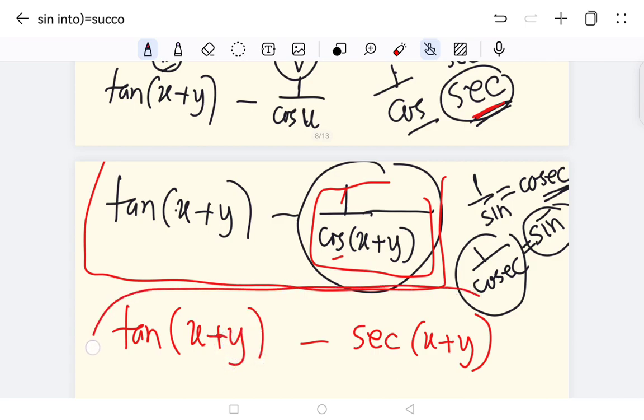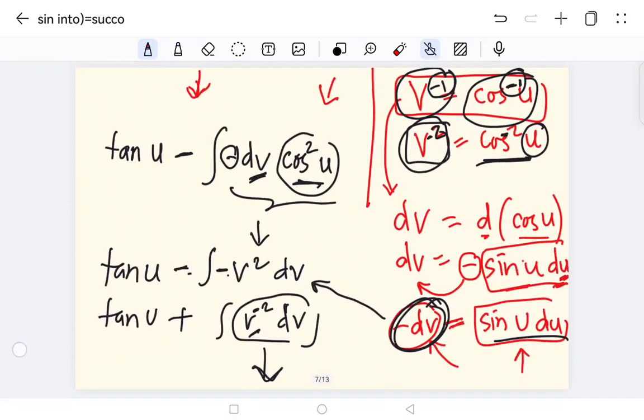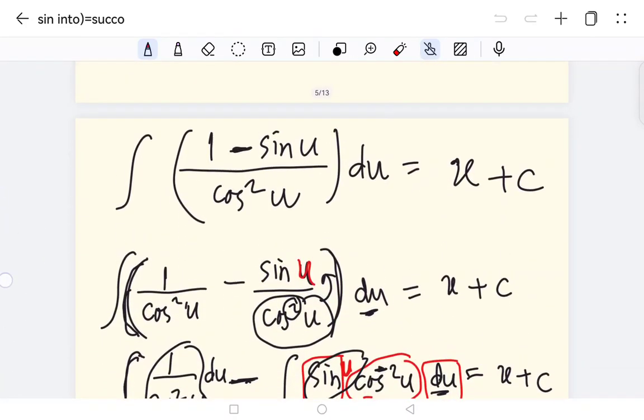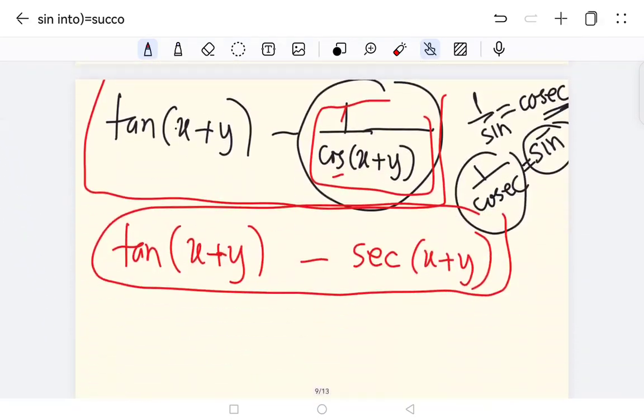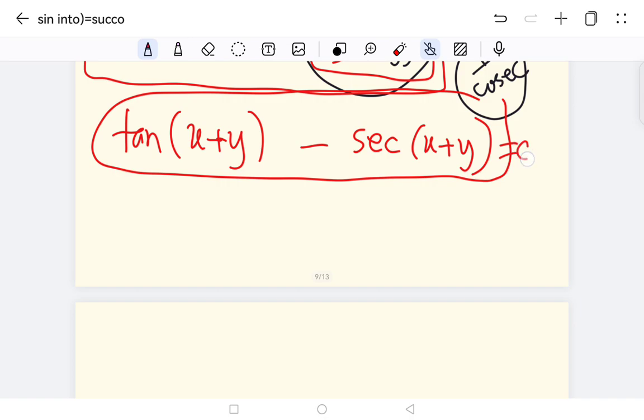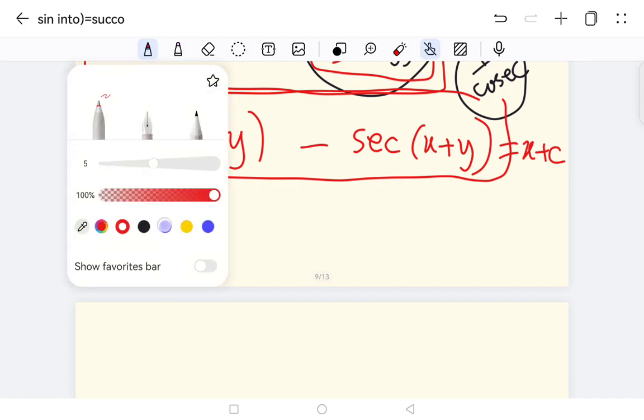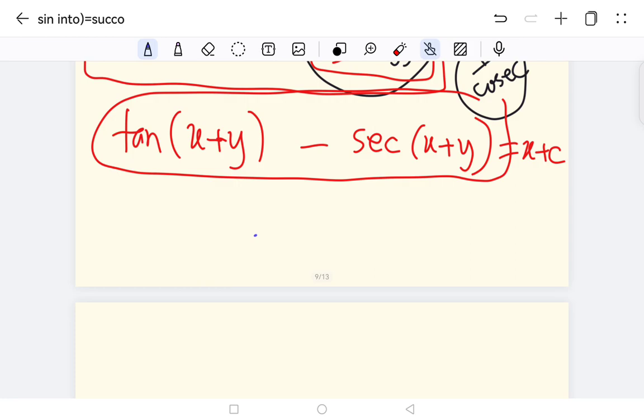There you go. This is on the left side. On the right side, don't forget you have to put x plus c. And then you can put whatever coordinate it's going to go through in this equation.